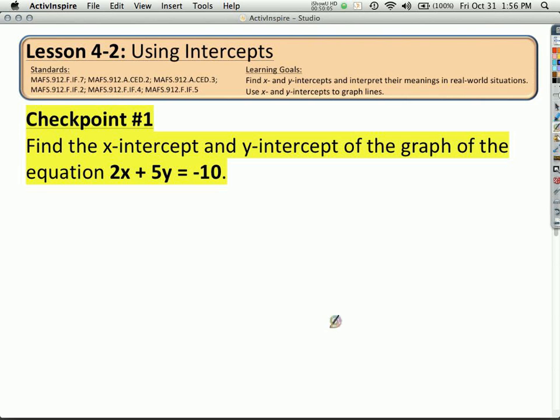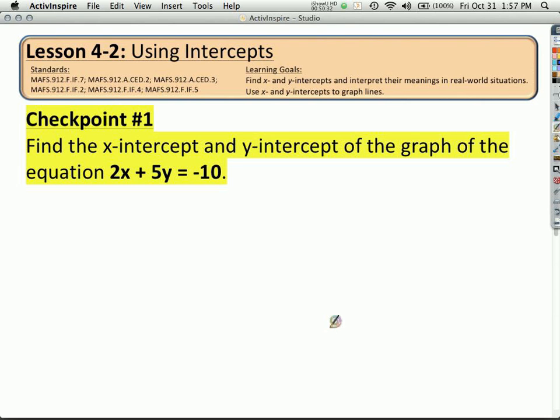Let's see how we did. Look at the number on your desk and make sure you remember what desk you're sitting at. I've got number 9 and number 20. Number 9, what did you get? Okay, and number 20, what did you get?